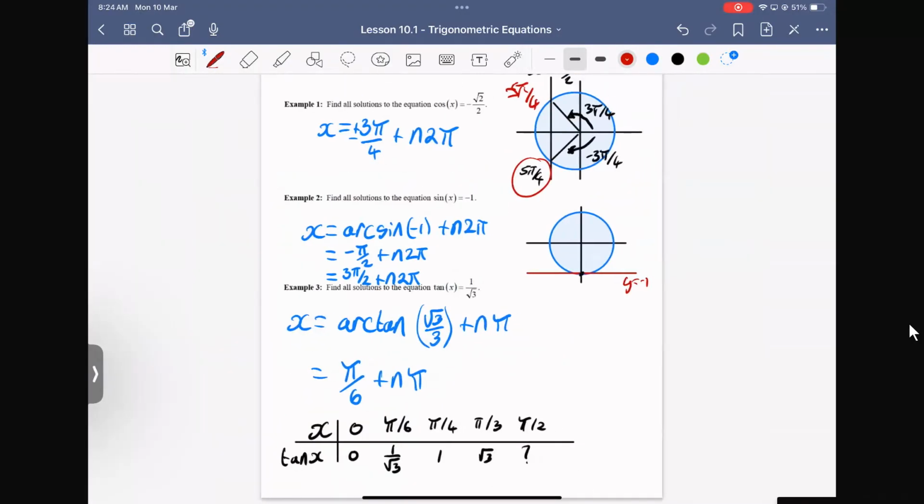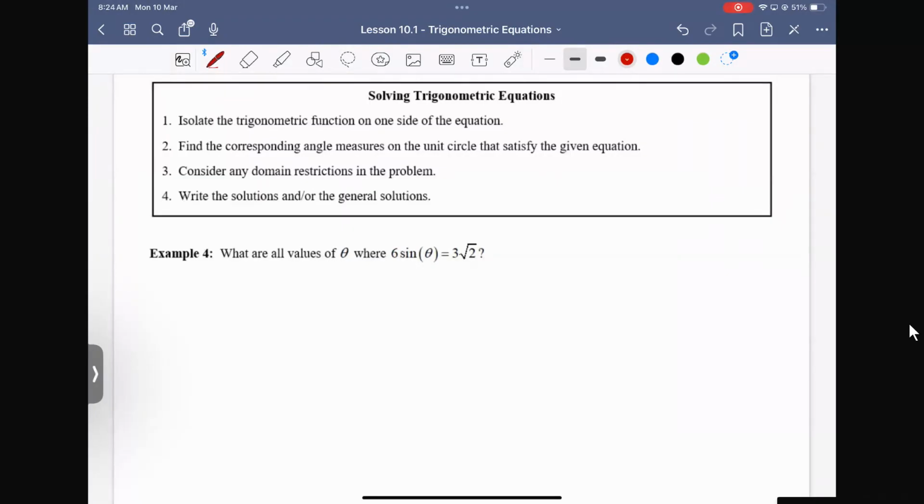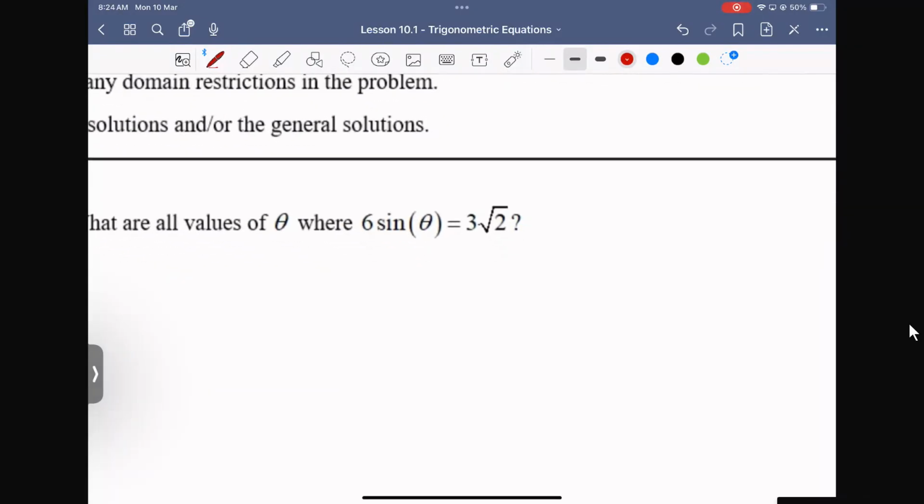All right. So solving trigonometric equations. Let's have a particular angle. What we need to do first is isolate the trigonometric function on one side, find the corresponding angle, and consider the restrictions to write a general solution. So for this example here, what can we do?